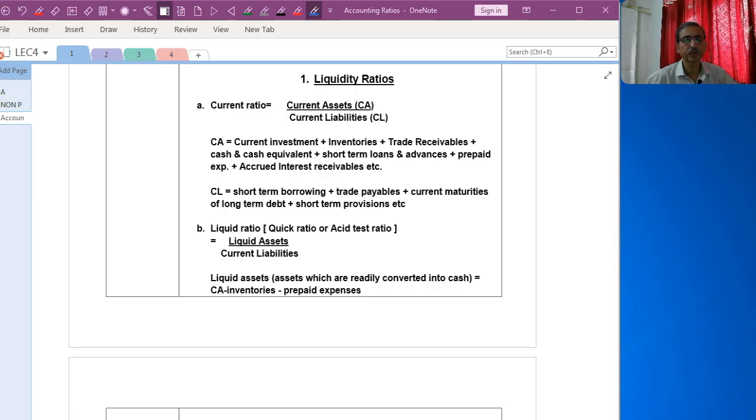So now in this video we will go through some practical questions to understand how to solve questions on this, and also understand the application of the concept of accounting ratios, specifically liquidity ratios.